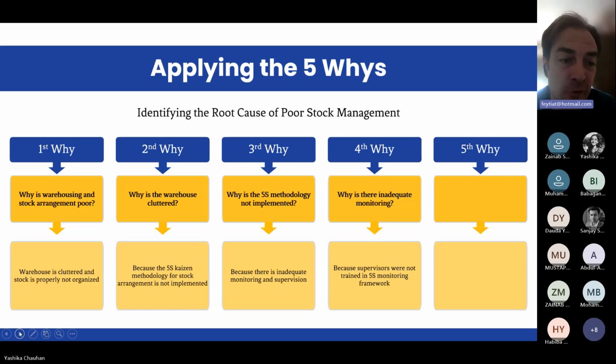If you answer to the first why, the stock arrangement is poor because the 5S Kaizen methodology is not implemented, then you answer the question right away, instead of asking the second why, the warehouse is cluttered.